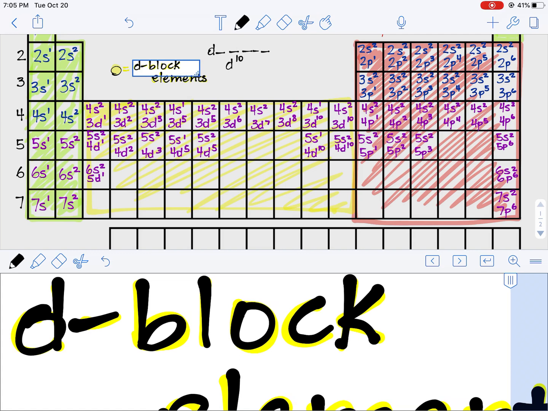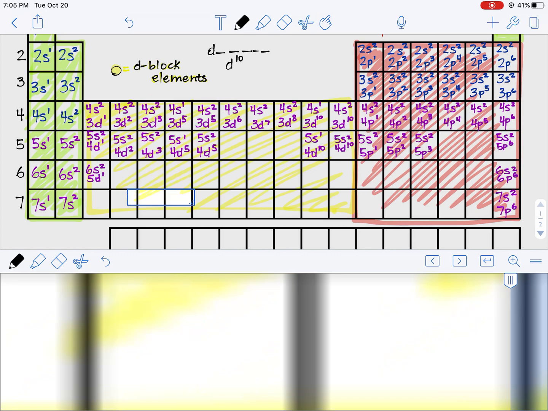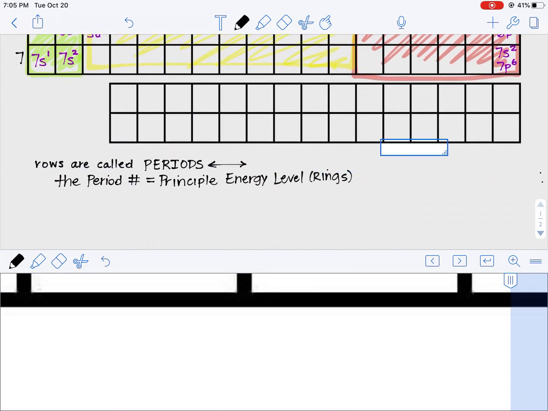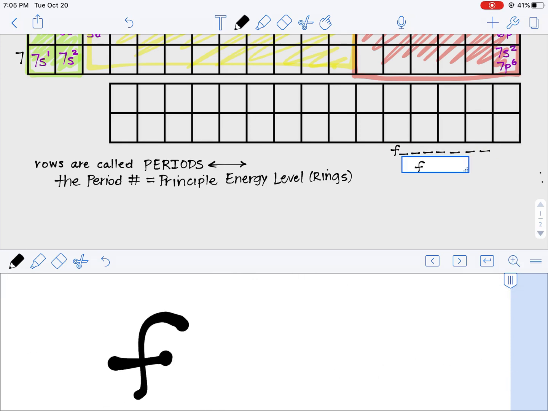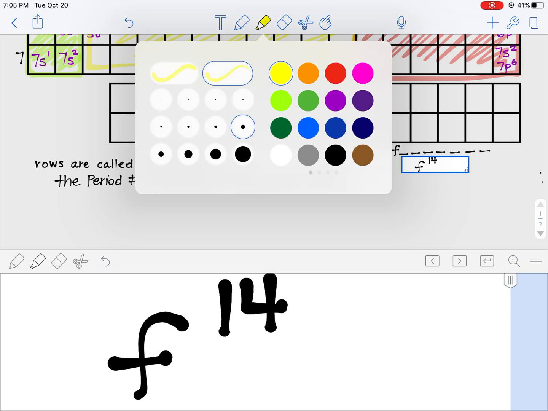And that brings us to the last sublevel that we had, the F, or the flower. I hope that you're recalling, after we would write F, there would be 7 dashes. In other words, F could hold a maximum of 14 electrons.